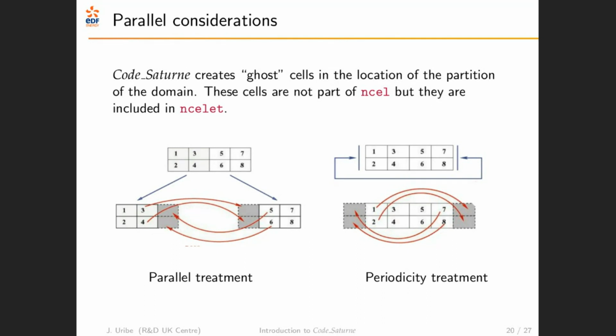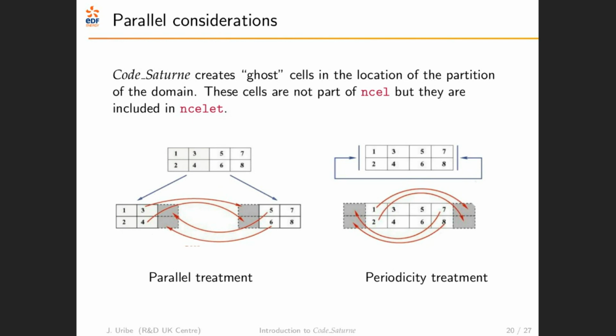Okay. I think we need to move on. Quite late. Just a quick word on these parallel considerations. As we were saying before, when you're running on these big machines, you need to split your domain into different parts, and the way that Saturne treats this is by creating what they call ghost cells, which are basically mirror images of what's on the corresponding processor, like in this picture.